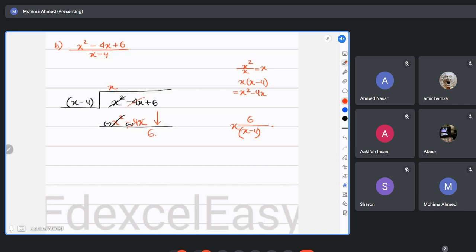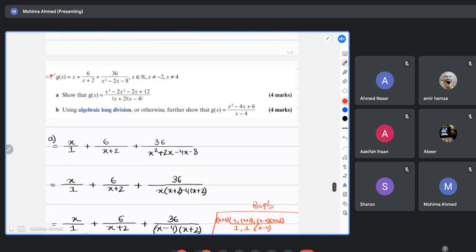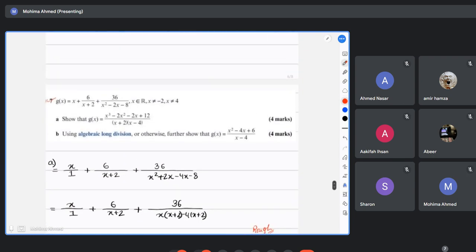This is your final answer then. So you're going to write your answer in this mixed fraction equation format.